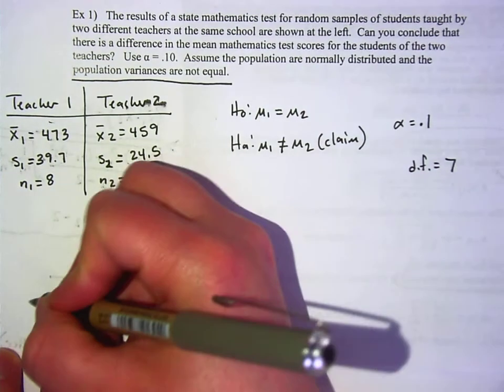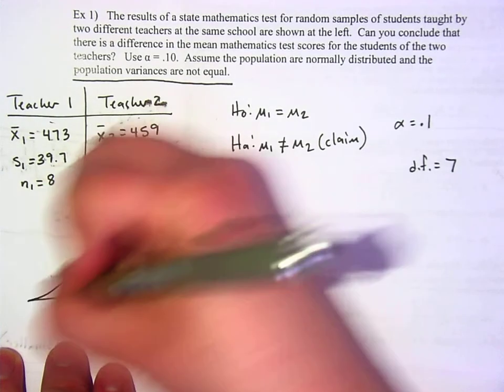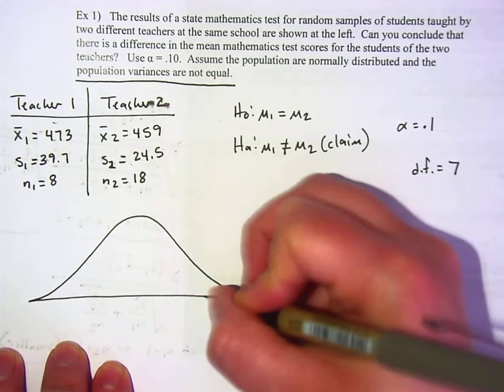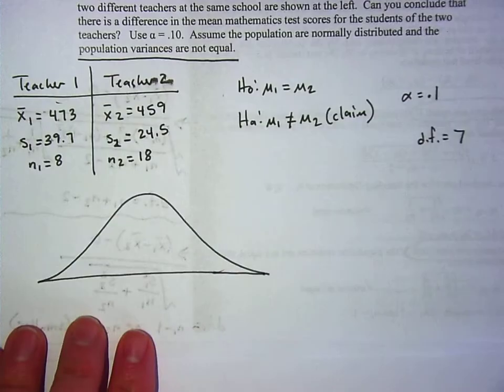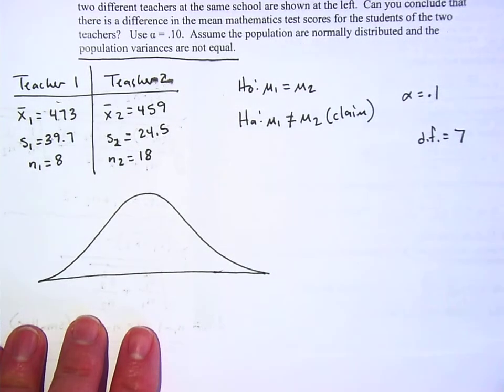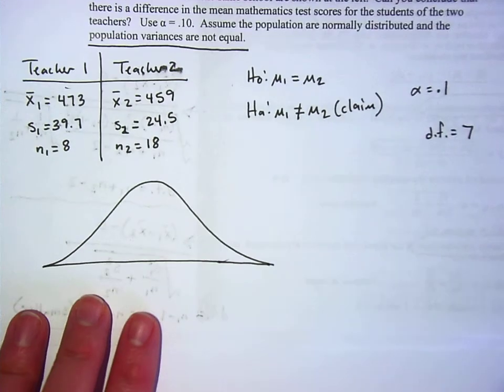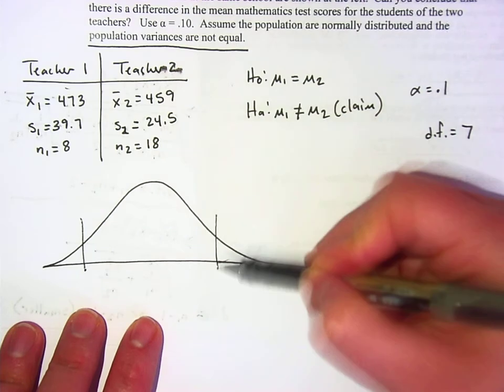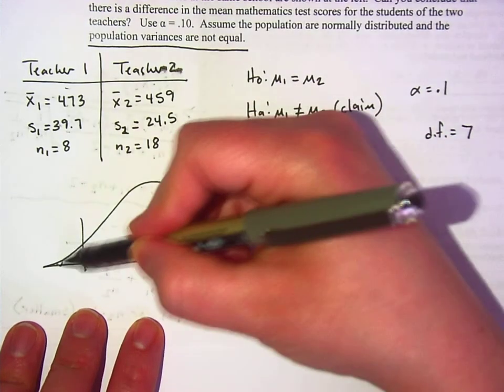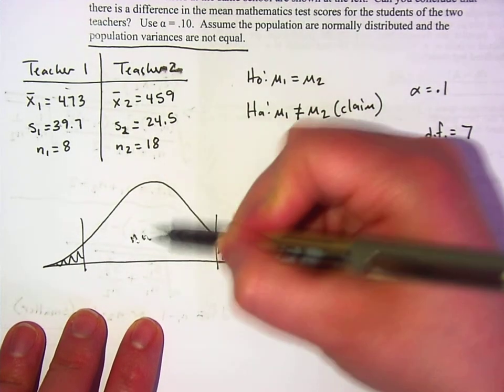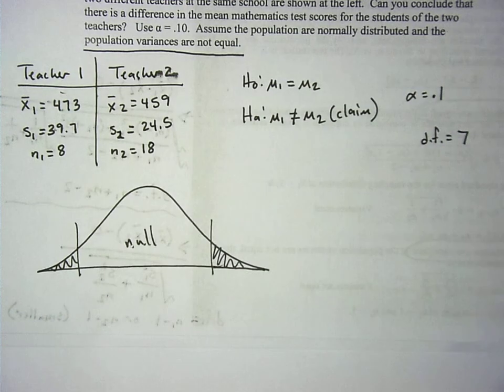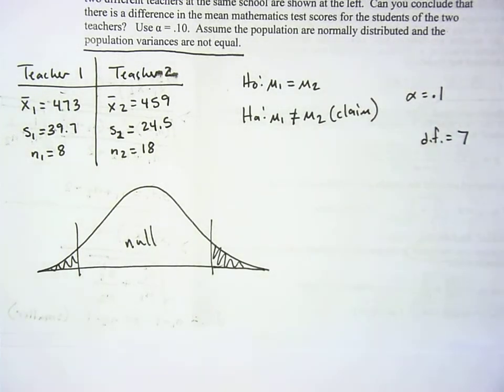All right, now we're going to draw a bell curve. Left-tailed, right-tailed, two-tailed. Two-tailed. Remember, this is a t-test now, so we've got to turn to page A18, or you can grab that page you have in your notebook, which is the t table.